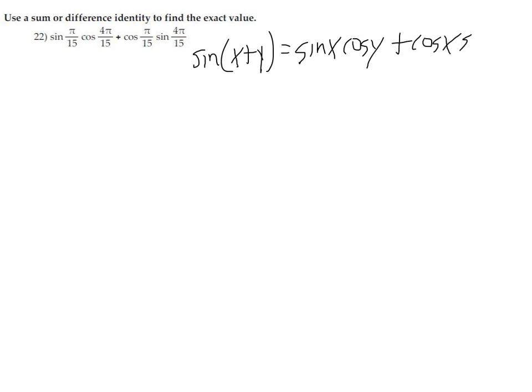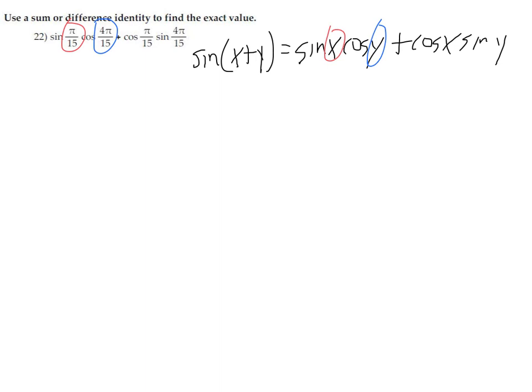Alright, this looks like the sine cosine plus cosine sine. This is the sine x plus y. Let's write it again. Sine x plus y equals sine x cos y, same symbol, plus cos x sine y. On this problem, we have x being pi 15ths and y being 4 pi 15ths, and notice the plus, so this is going to be a sum.